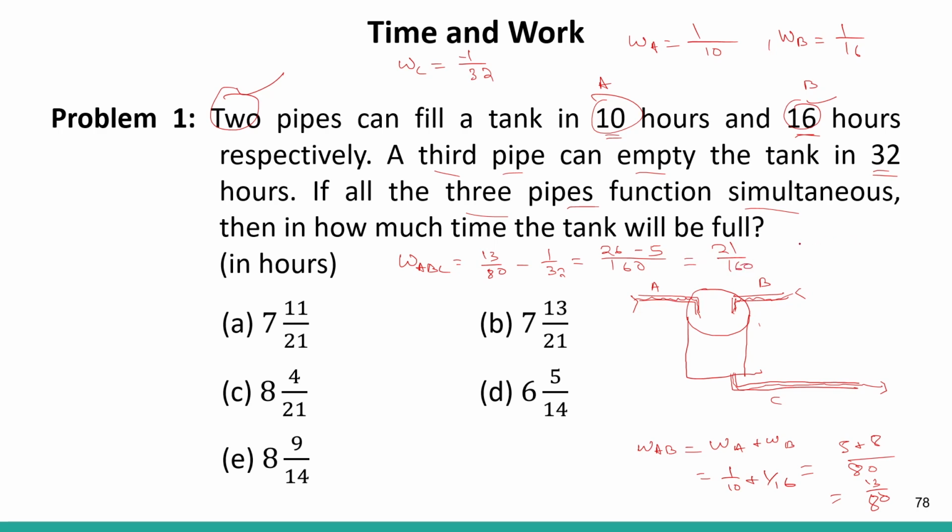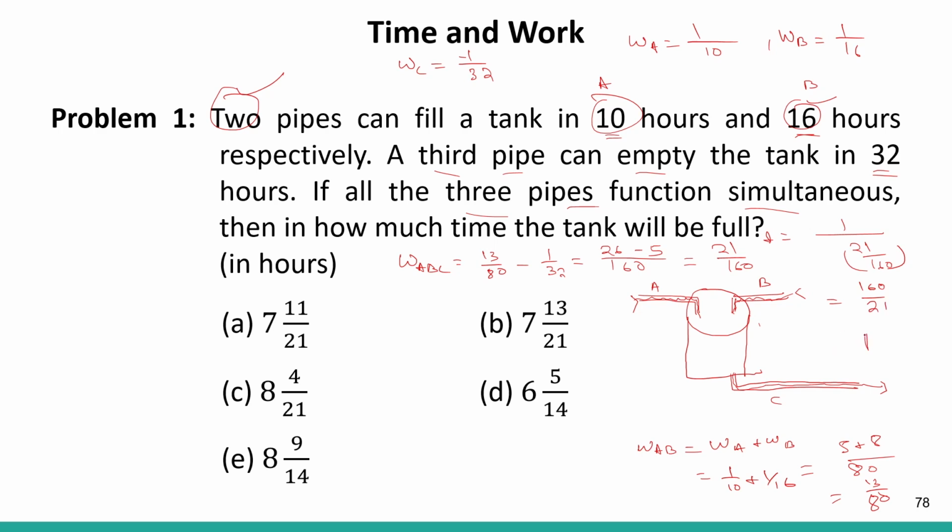This is the combined work rate. How much time will it take to complete the whole task, that is to make the tank full? It will be the reciprocal of the combined work rate, so 1 by 21 by 160, which is equal to T, that is 160 by 21.